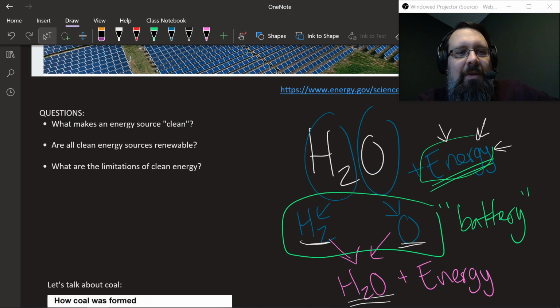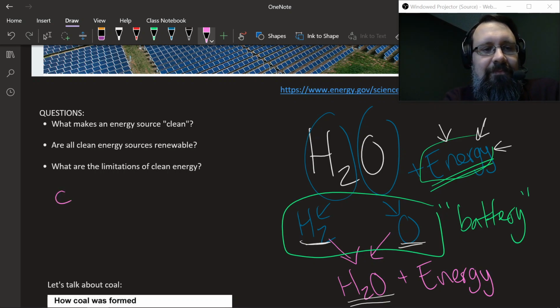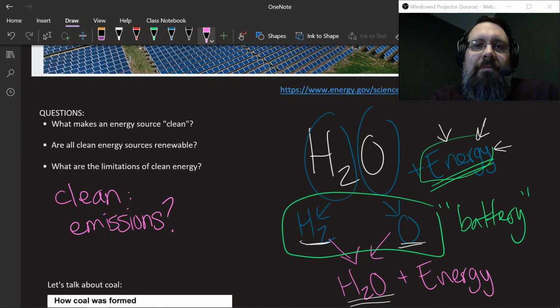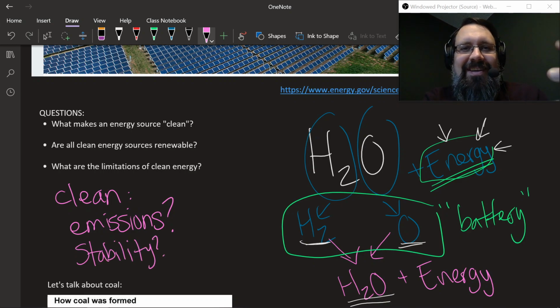So, what makes an energy source clean? Limited to no emissions. Anyone else? Stability, like they're stable. Putting question marks just because I want you guys to jump in and share your thoughts.